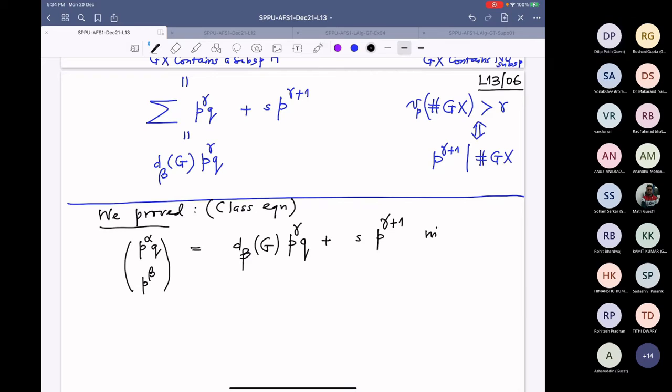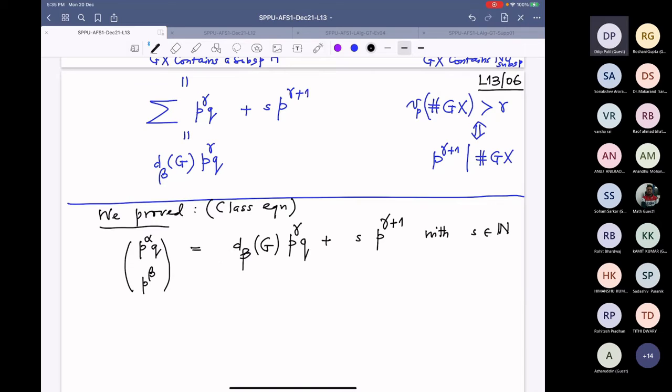Here s is a natural number, it may be 0 also, there may not be any orbit.